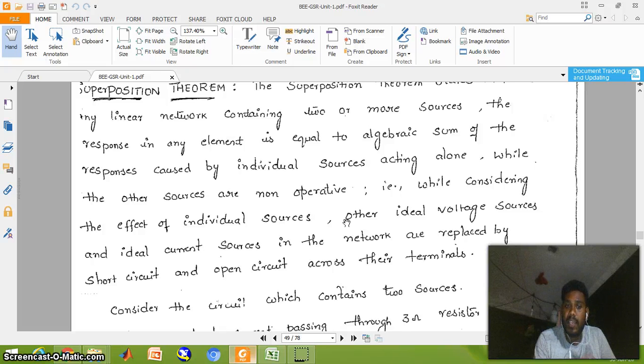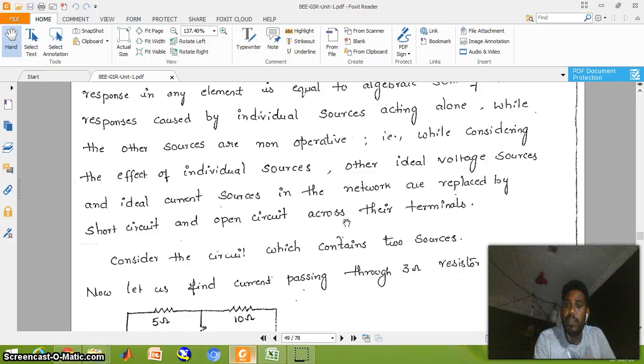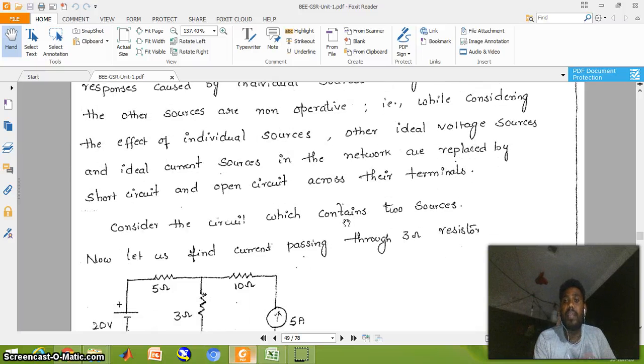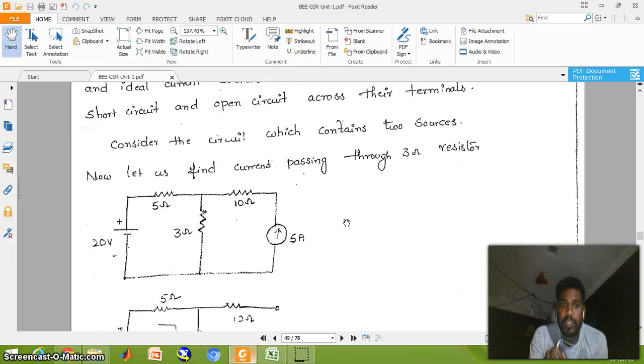While considering the effect of individual sources, other ideal voltage sources and ideal current sources in the network are replaced by short circuit or open circuit across their terminals. Consider the circuit which contains two sources.